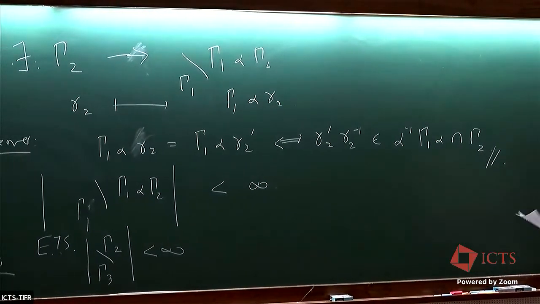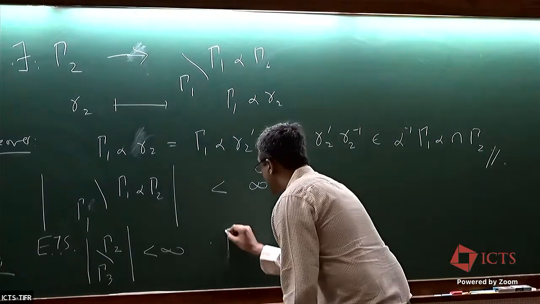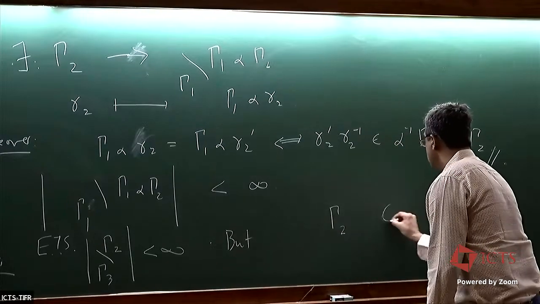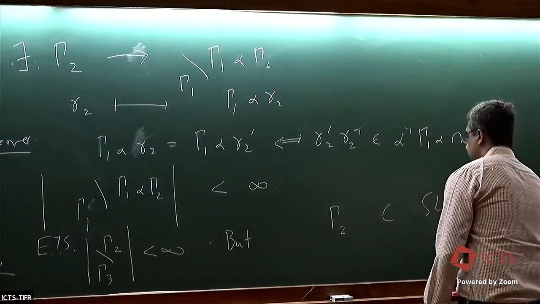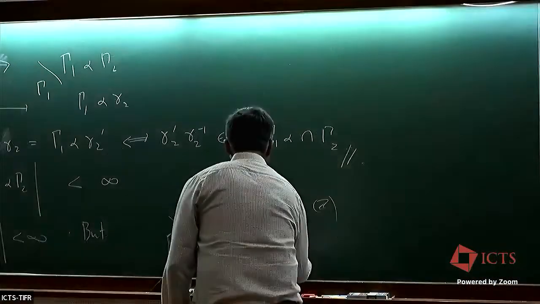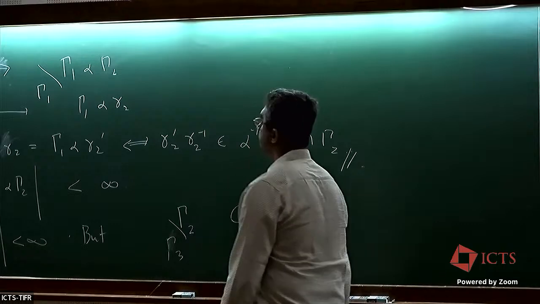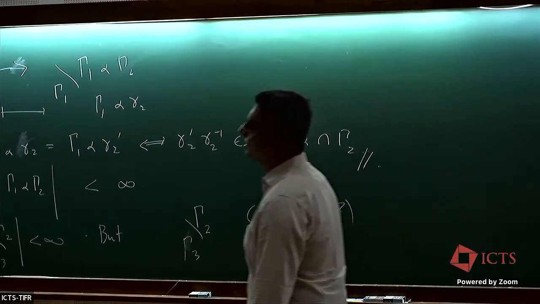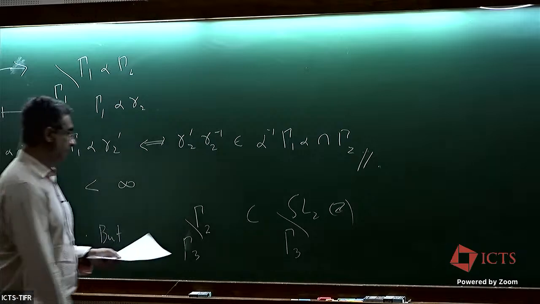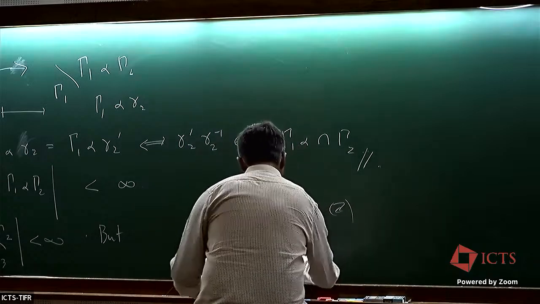Right, but this now is obvious. But gamma 2 is sitting in SL2Z. So gamma 2 mod gamma 3 is sitting in SL2Z mod gamma 3. And gamma 3 by lemma 1 was a congruent subgroup. I mean, okay, not gamma 3 exactly.